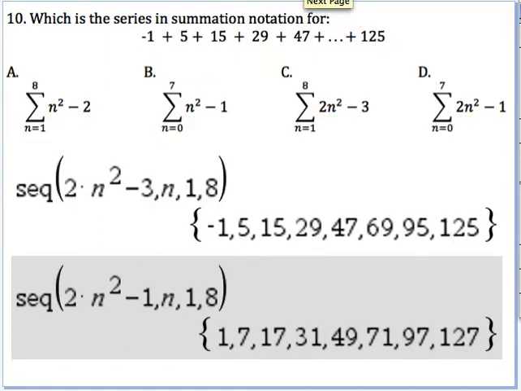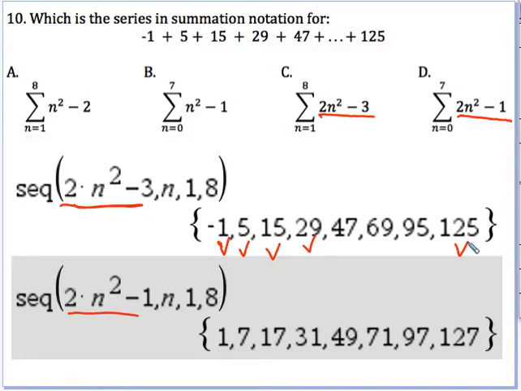Let's look at this one. Here's C, and then here's D. Okay. For C, I get -1, which is good. I have 5, 15, 29. These are all good. And 125.